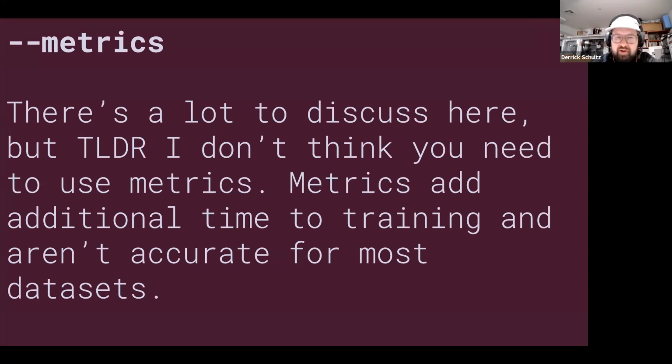The default metric is a metric score called FID, and if anyone's interested, I'm happy to link to papers that talk about what FID does. FID basically tries to score your generated images compared to your dataset and give you a metric score. Usually it's between 0 and 300, and the higher the number, the less real, or the less like your dataset, it looks.